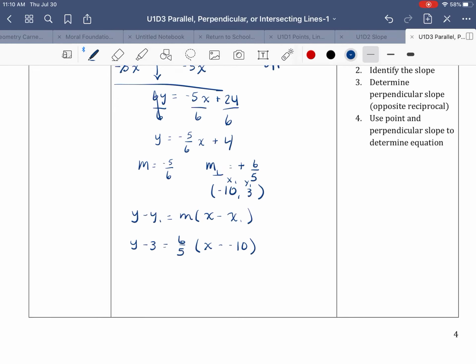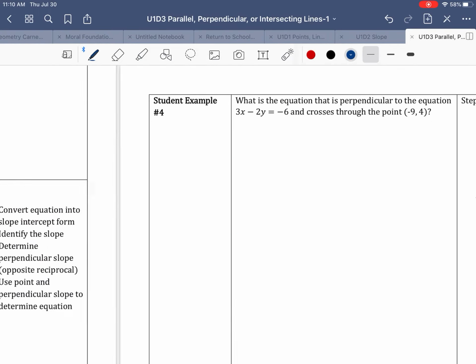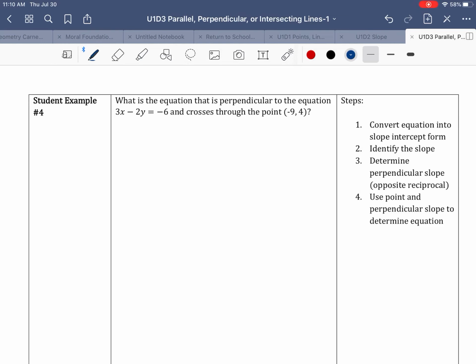And we know that this minus and -10 we can simplify to a plus. And that's our equation that is perpendicular to our first given equation. Take a little bit of time and try your student example number 4.